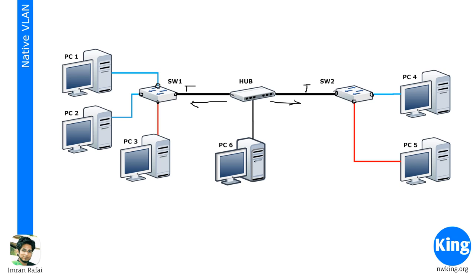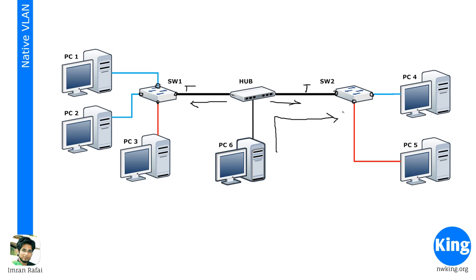Now, like we said, when any traffic comes from here tagged with VLANs and reaches a PC, the PC doesn't understand anything about VLANs, so it just drops it. But what happens when this PC6 wants to communicate with, let's say, PC4? So this PC sends traffic, and it comes to the switch.